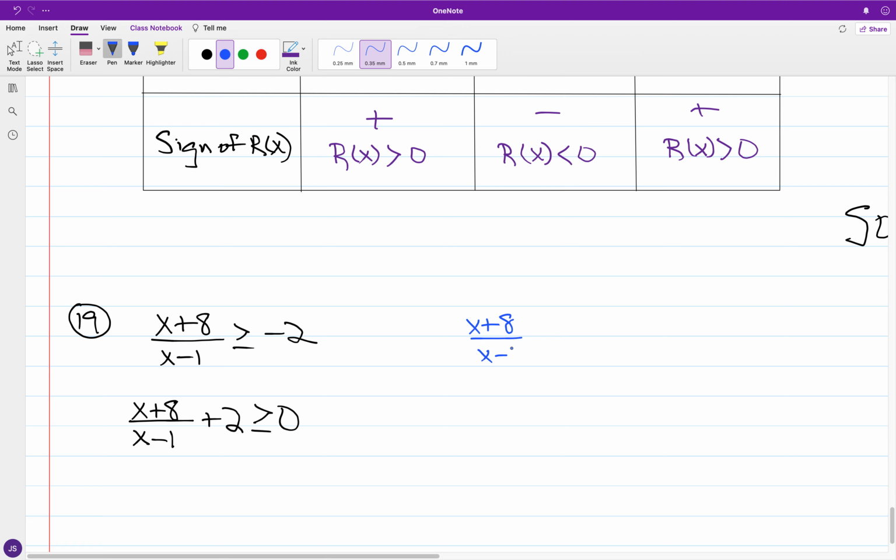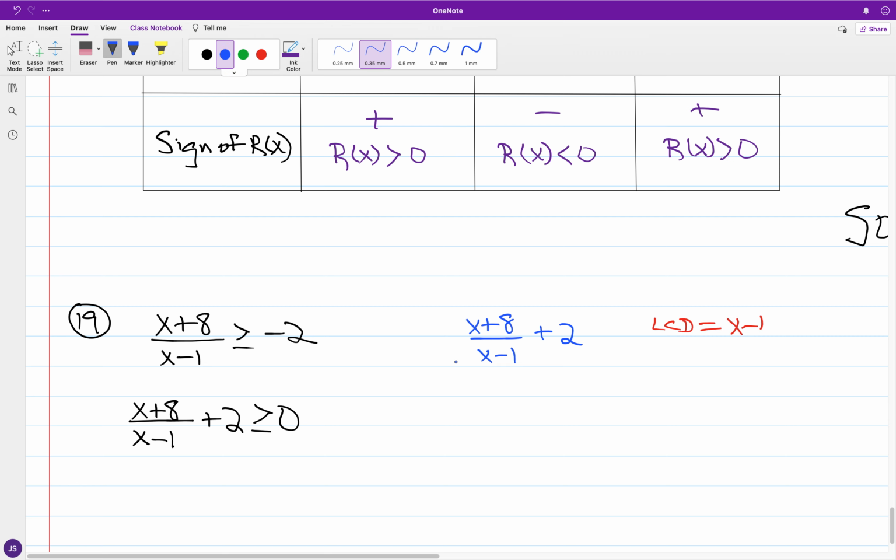So you look at this as x plus 8 over x minus 1 plus 2 over 1. Now, least common denominator, that's just going to be x minus 1.